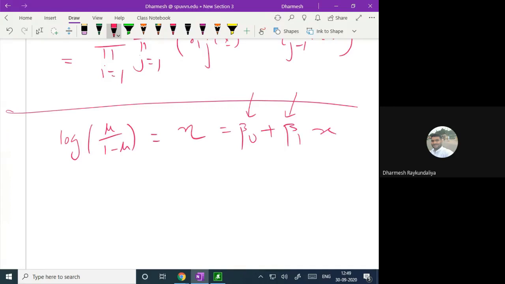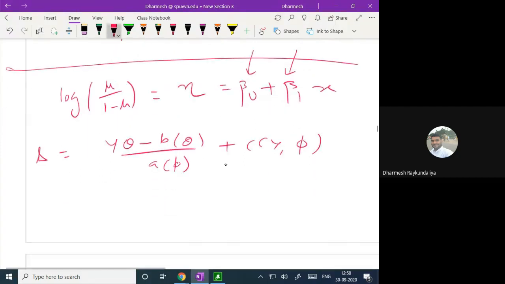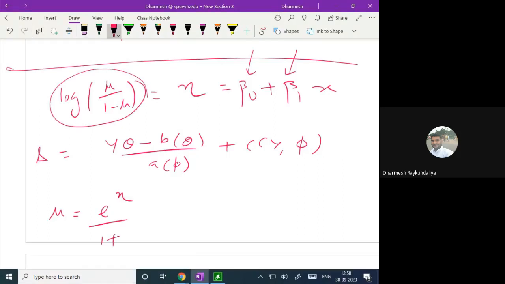In the log likelihood, theta is a function of mu. Because we know that theta equals log of mu upon 1 minus mu, we have to substitute e raised to eta upon 1 plus e raised to eta into this log likelihood.